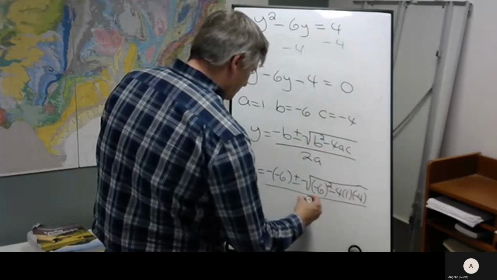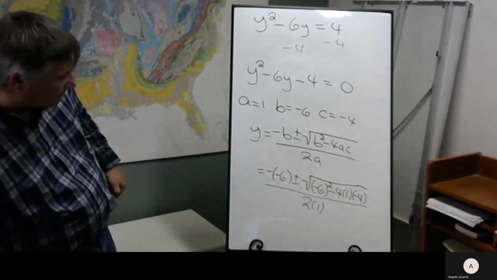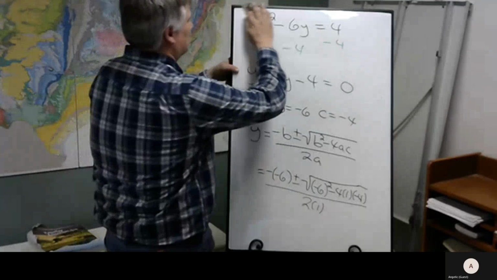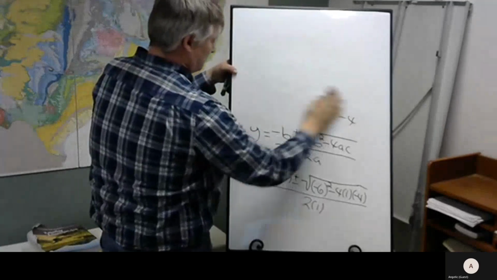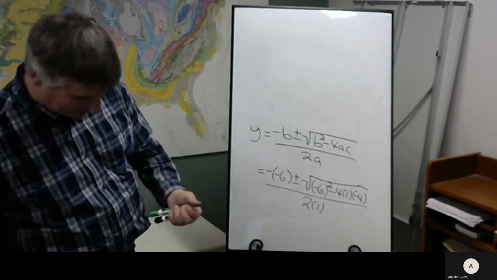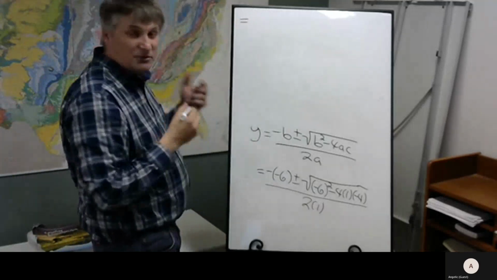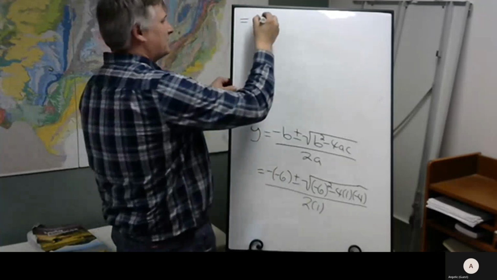And then divided by 2 times 1. So as we simplify, negative and negative is positive.